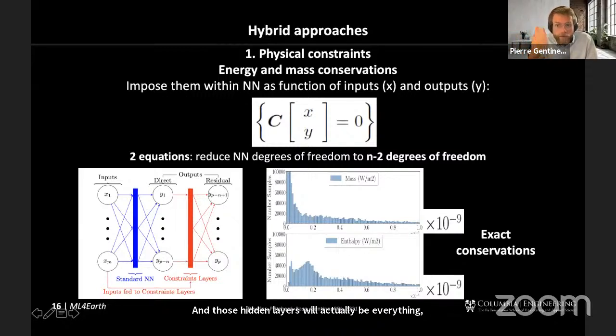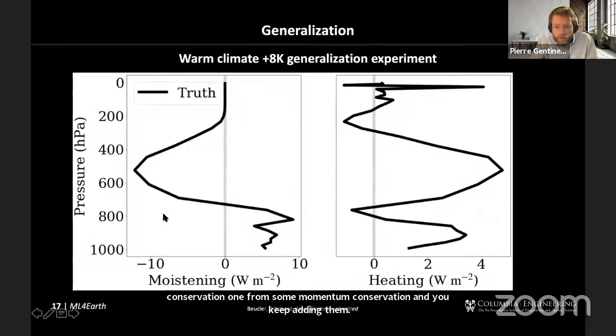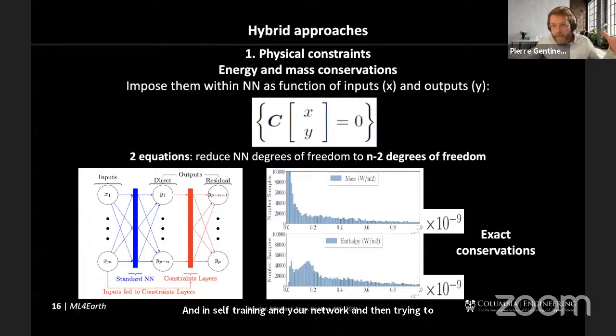You will have one for mass conservation, one for momentum conservation, and you keep adding them. And instead of training your network and then trying to tune that, you could train the whole thing end to end. So I'm training my neural network, but also imposing some layers that combine different inputs from the previous layers, and I'm combining them in a way so that I can train the whole algorithm end to end.